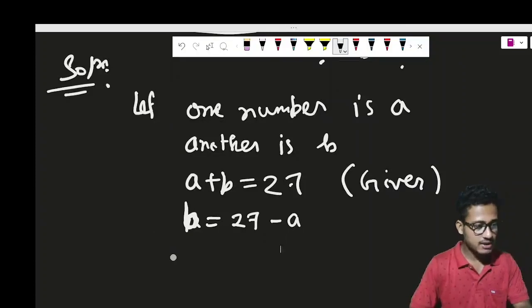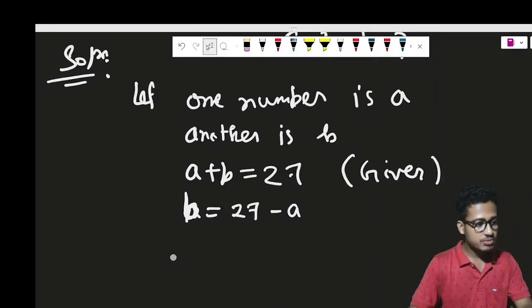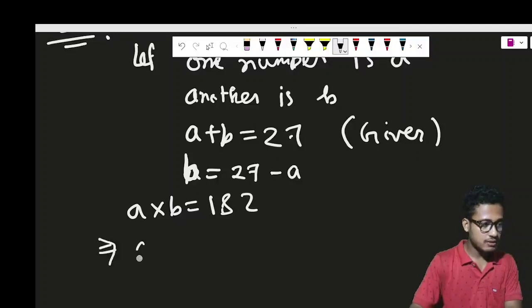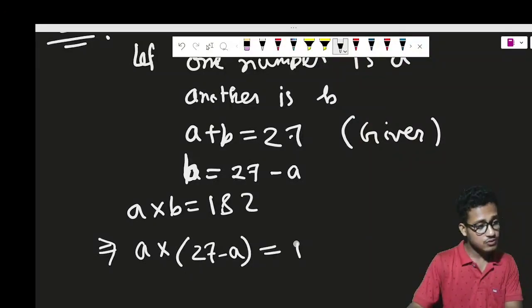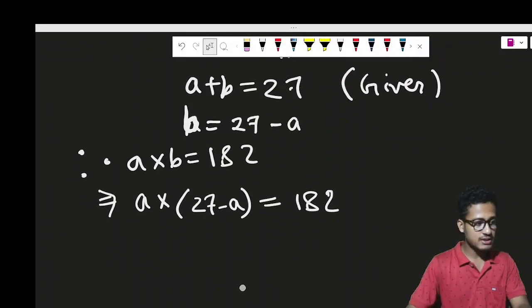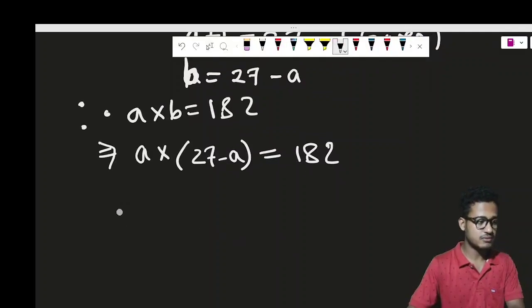Now we are given that a into b is equal to 182. B is equal to 27 minus a, so in the place of b we write 27 minus a, and a into 27 minus a is equal to 182.